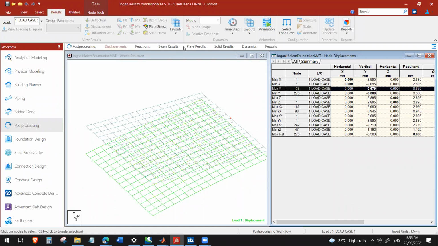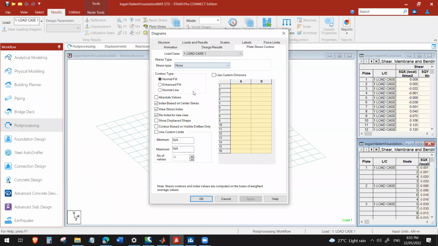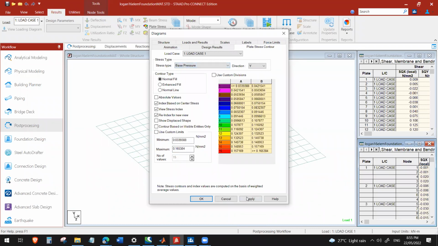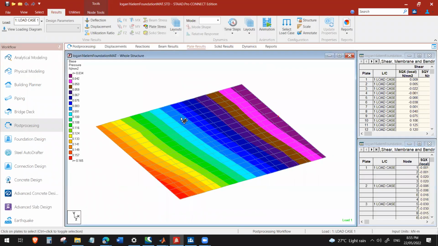For the base pressure, plate results, base pressure. Yeah, so it also makes sense that the maximum base pressure is here, 165 kilopascal. The minimum base pressure is on this edge, which is 34 kilopascal.